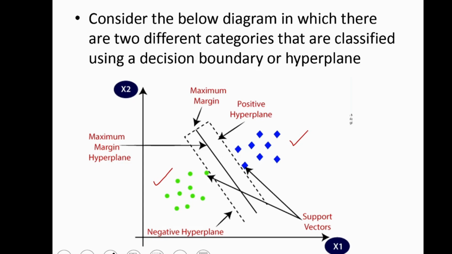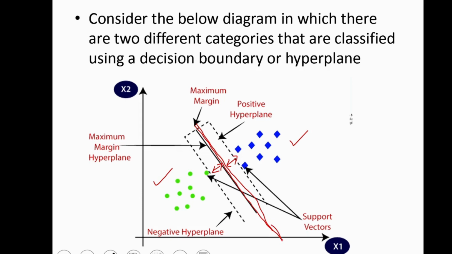So I am going to divide them using a line or a plane. This plane has the maximum distance from these two classes, and this will be the most accurate plane that divides exactly between these two classes.